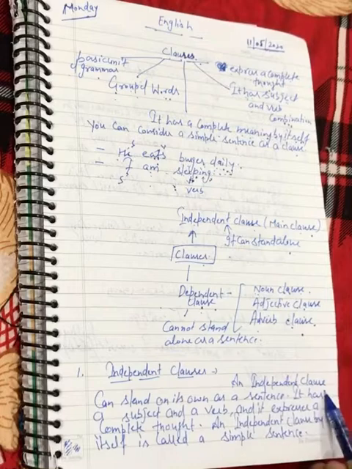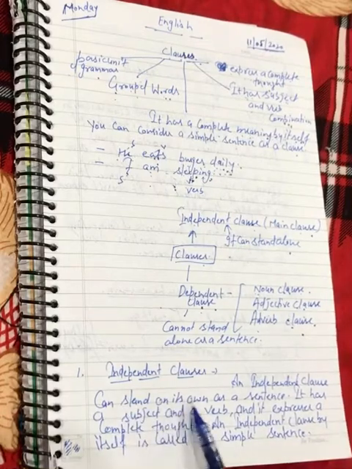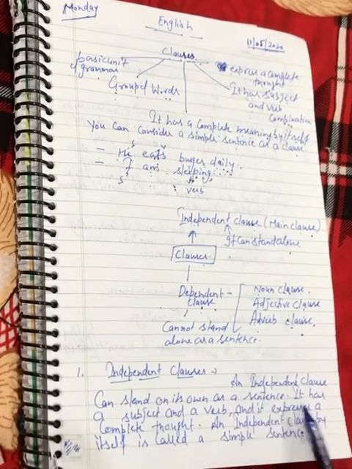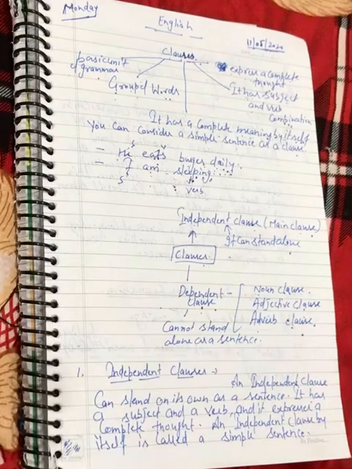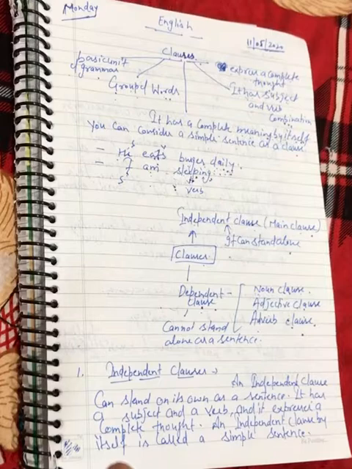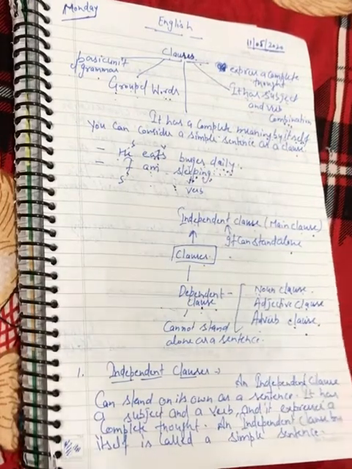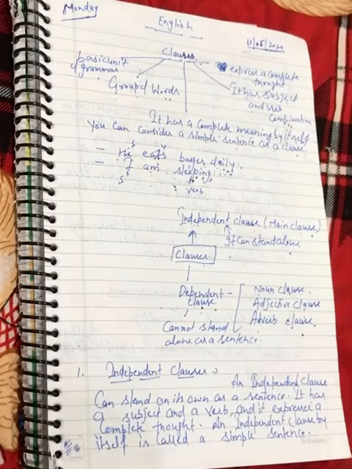An independent clause can stand on its own as a sentence. It has a subject and a verb. I already told you a clause has a subject and a verb. If you have a subject and a verb in the sentence, then that sentence is a clause. Understand? Now I am talking about the independent clause. An independent clause can stand on its own as a sentence.